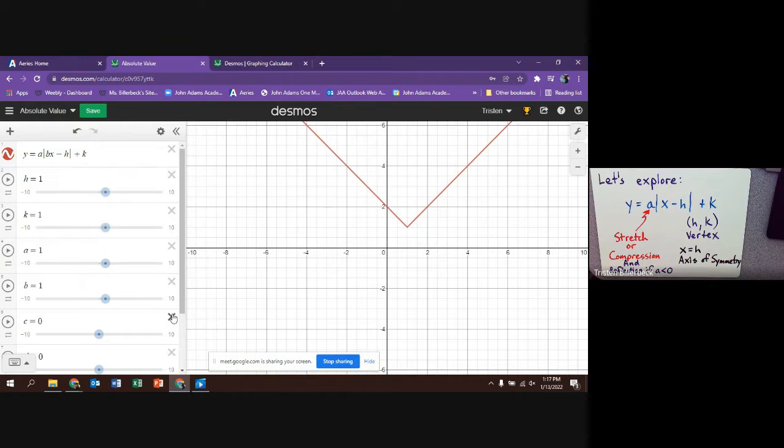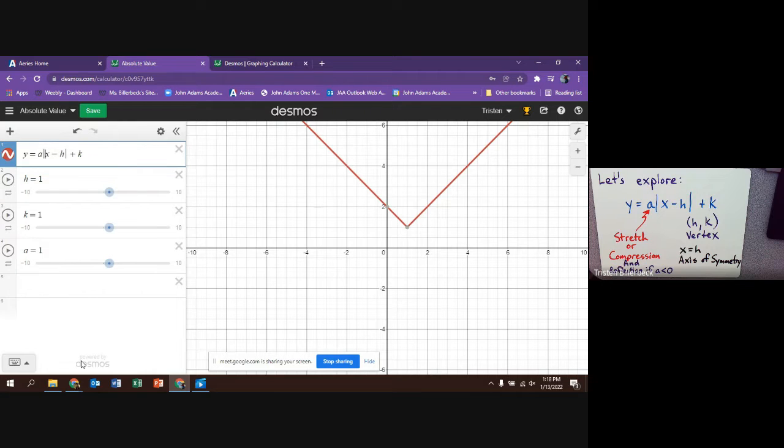And let's get rid of c and d. And we also, B, we're going to get rid of because we're just not going to deal with B right now. You will someday, but let's make it as simple as possible. So that's what we're looking at.